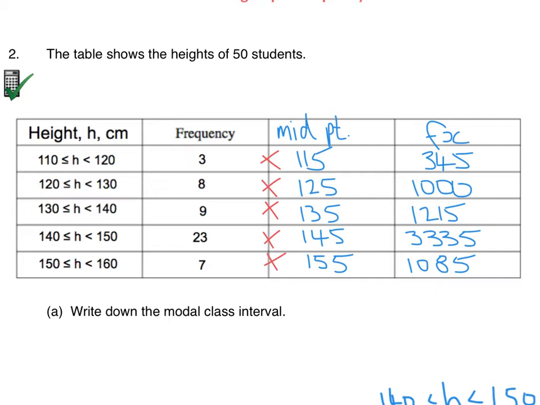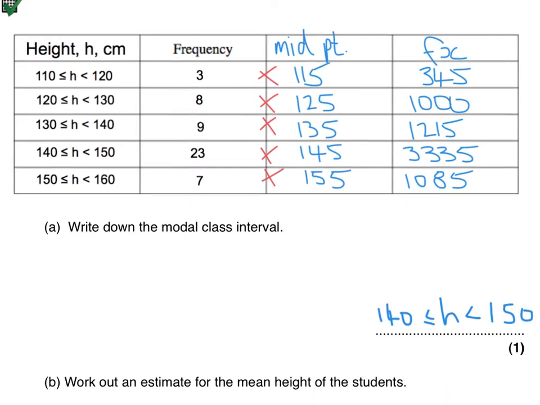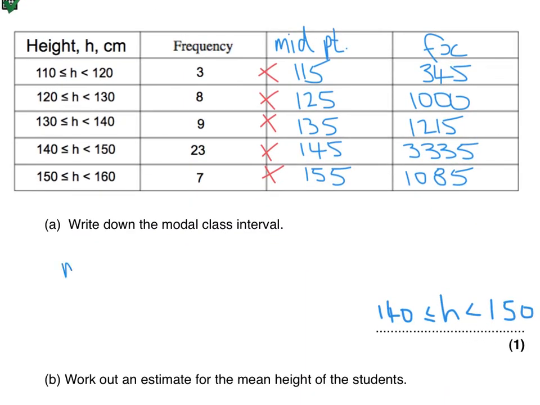Just like the last questions, I'm going to write down in the space because it's there. The mean equals the sum of the fx column divided by the sum of the frequency column. That is all these numbers added up under the fx: 345 plus 1000 plus 1215 plus 3335 plus 1085.